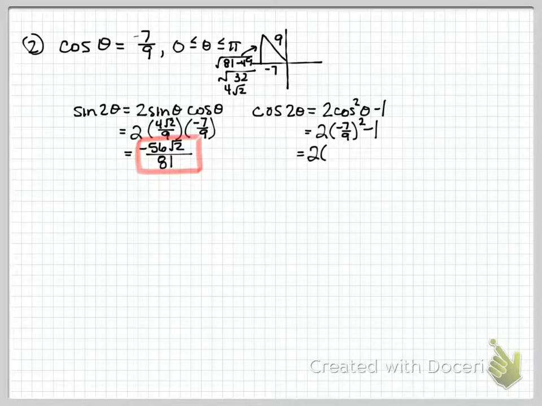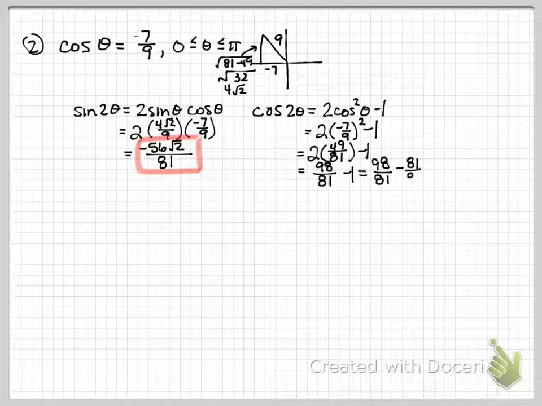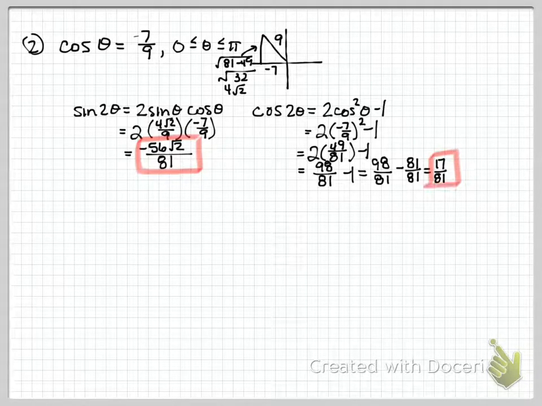So that's 2 times 49/81 minus 1. Well, that's 98 over 81 minus 81 over 81, common denominator again. And that gives me 17 over 81. All right, there's my cosine. Put a box around that one. Okay, there's my box.